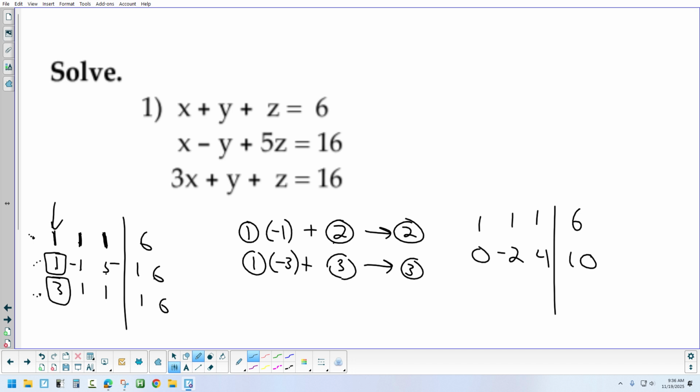We got a 0 where we wanted it. Now we're going to get a 0 in the lower left. So multiply everything in row 1 by -3 and add it to row 3. What's 1 times -3 plus 3? 0. Do it again.